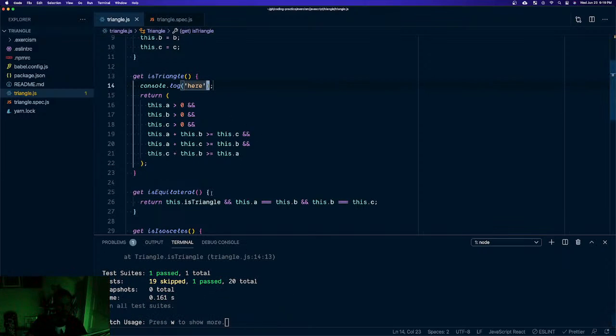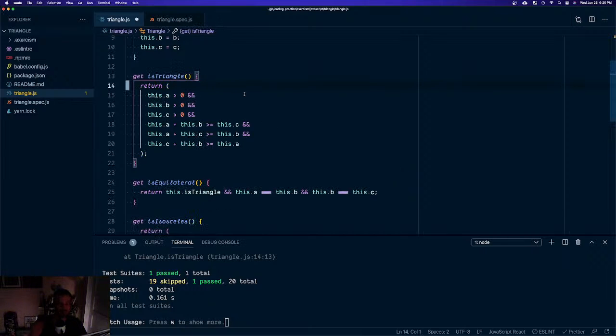Yep. So this is a getter. Obviously, this is how it works. I don't know what I was thinking, how it could work something else.